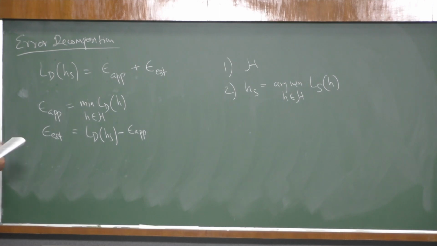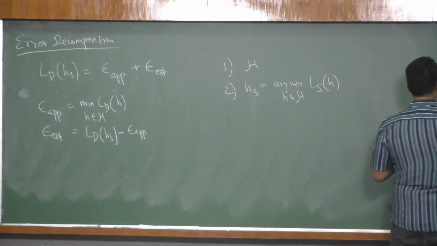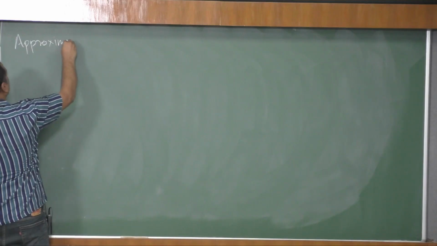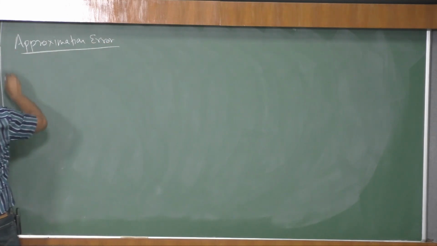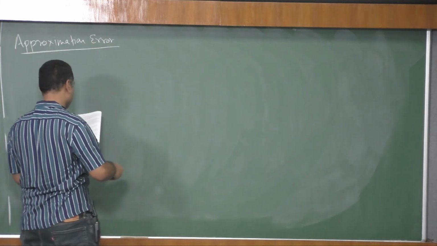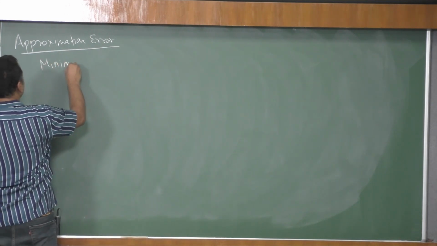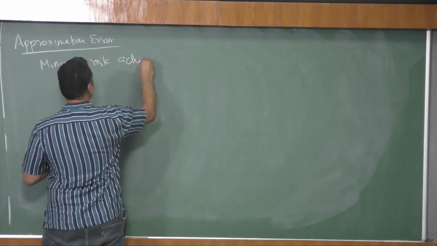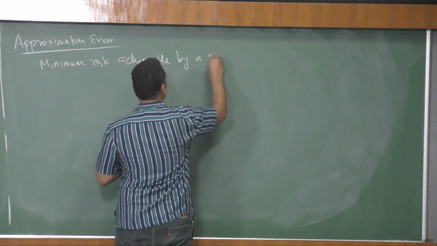We can explain these two errors in words also. The approximation error is the minimum risk achievable by a predictor.